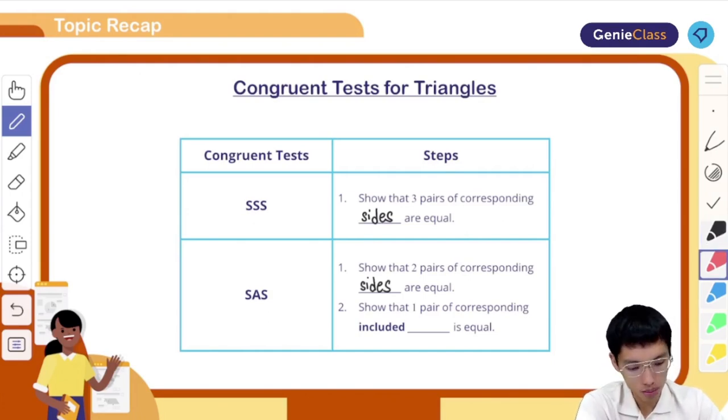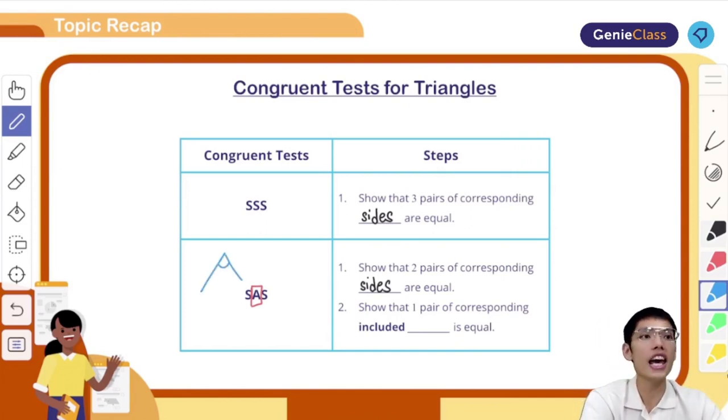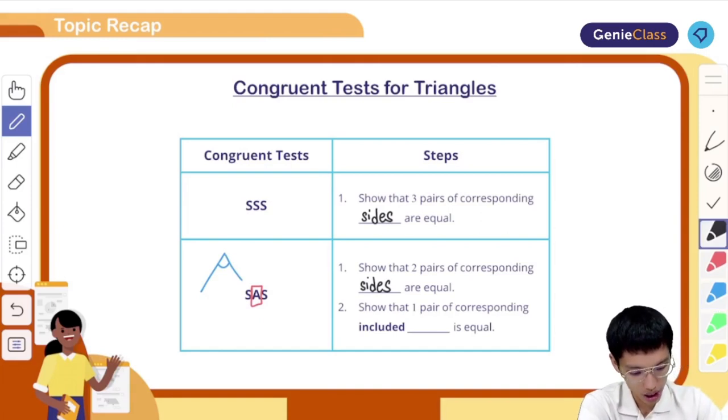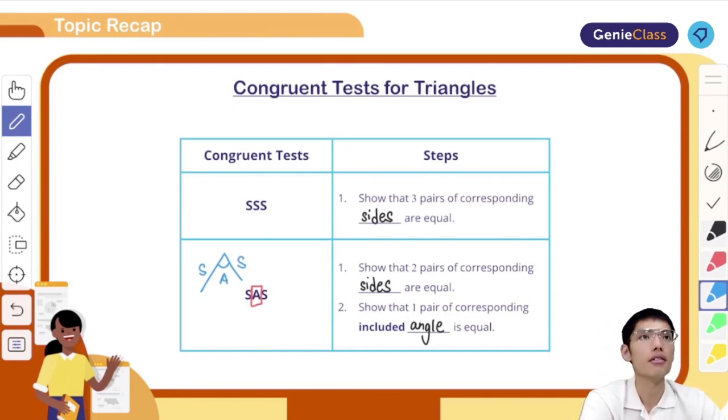Take note, my A is right in the middle of SAS. So it has to be a side, angle, followed by a side, which means my angle has to be included by the sides. So SAS. Very, very important.